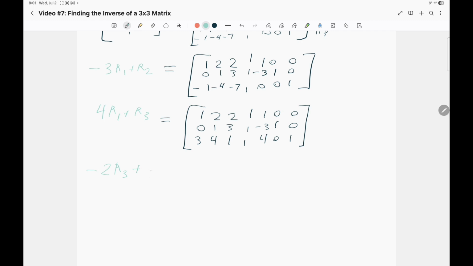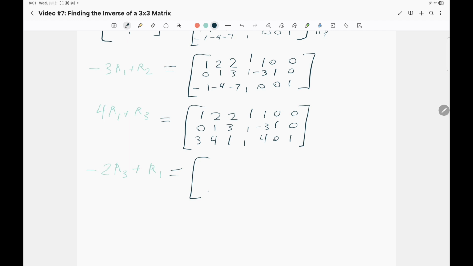I challenge my viewers to do this in fewer row operations than I am. I'll try to do this again off camera to see what the minimum amount of row operations I could get this down to. But maybe my viewers can be even more efficient than I am. So I wouldn't be surprised.